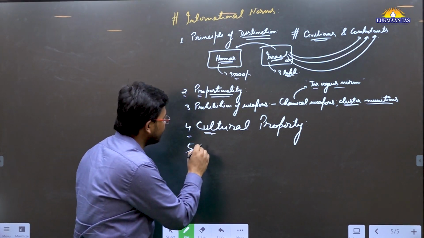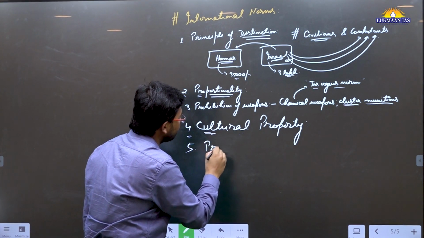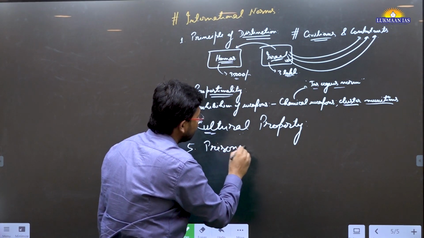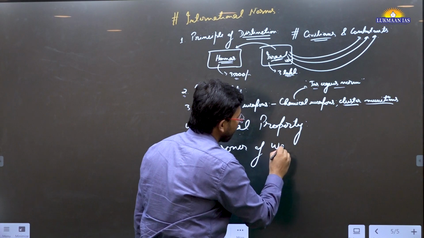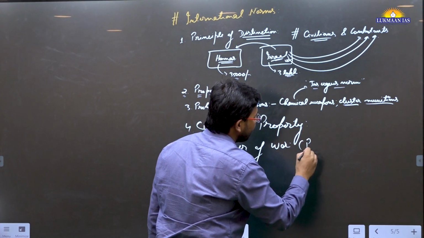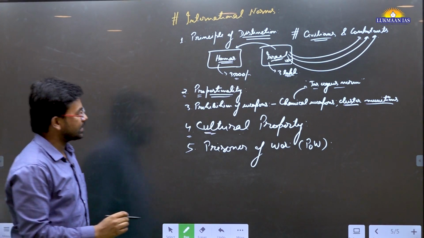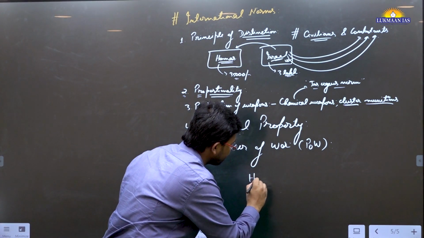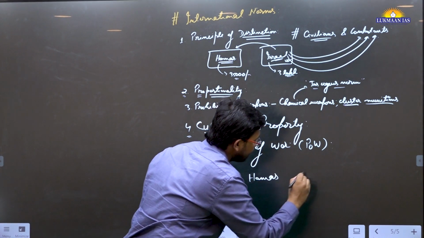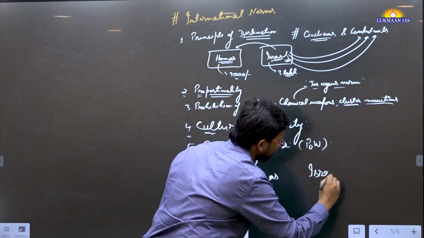Another issue is related to treatment of prisoners of war, in short known as POW. What do we mean by prisoners of war? Let's say on one side we have Hamas, on the other side we have Israel.